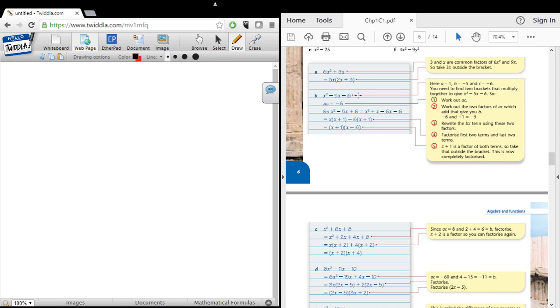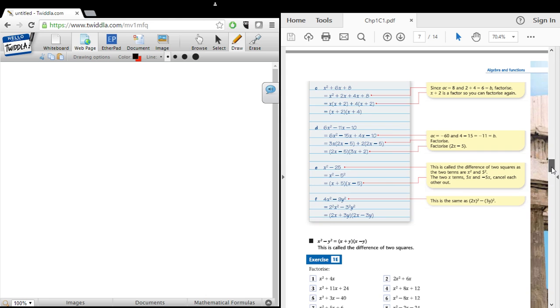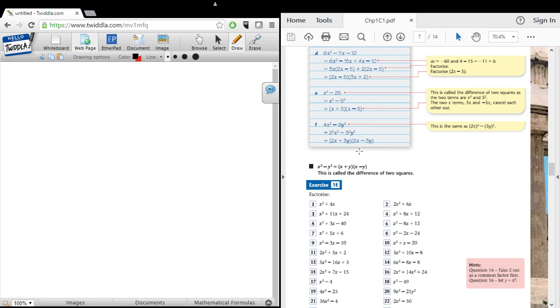This is with the assumption that this was equal to 0 on the right hand side, and this would then verify for us whether we did in fact have the right x values. So we'll just move on, and I want to point out f.